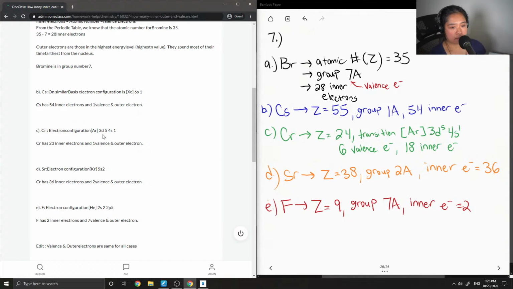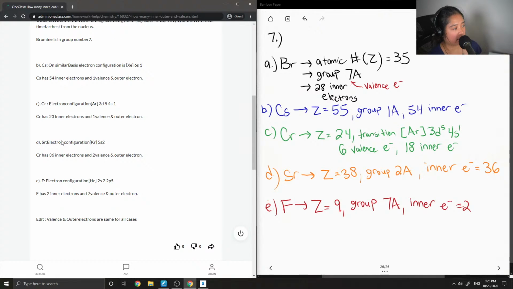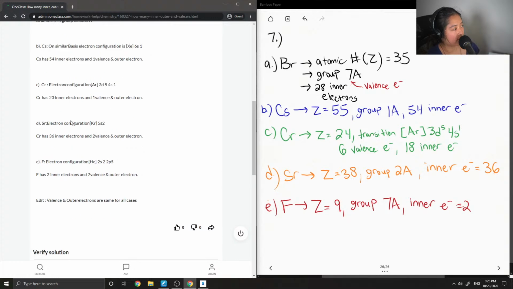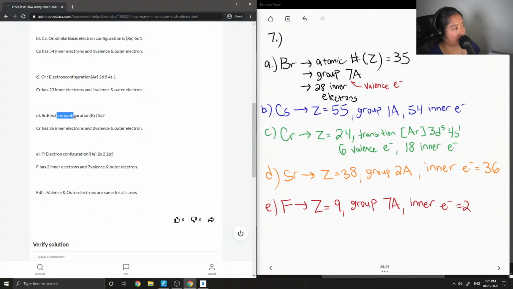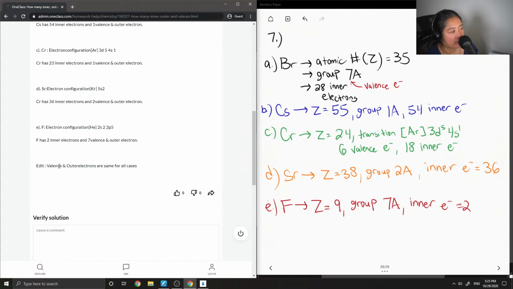Maybe they just did the math wrong. I'll just fix that later. The strontium has that electron configuration. 36 inner electrons, 2 valence. For fluorine, fluorine has 2 inner electrons and 7 outer electrons.